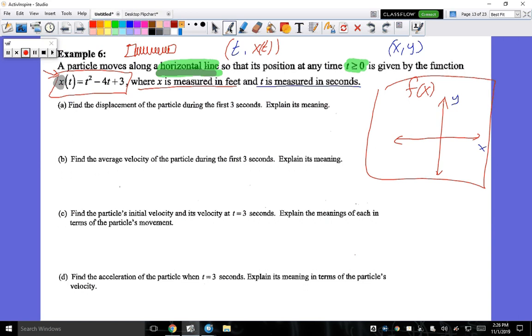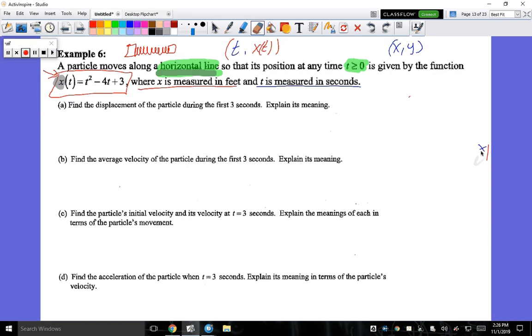So years back on an AP test, they had a question like this, and the visual that they were showing is that they had two buildings, and suspended between the two buildings was this wire. That was a horizontal wire. And they gave something like this function that was modeling the movement of a squirrel.